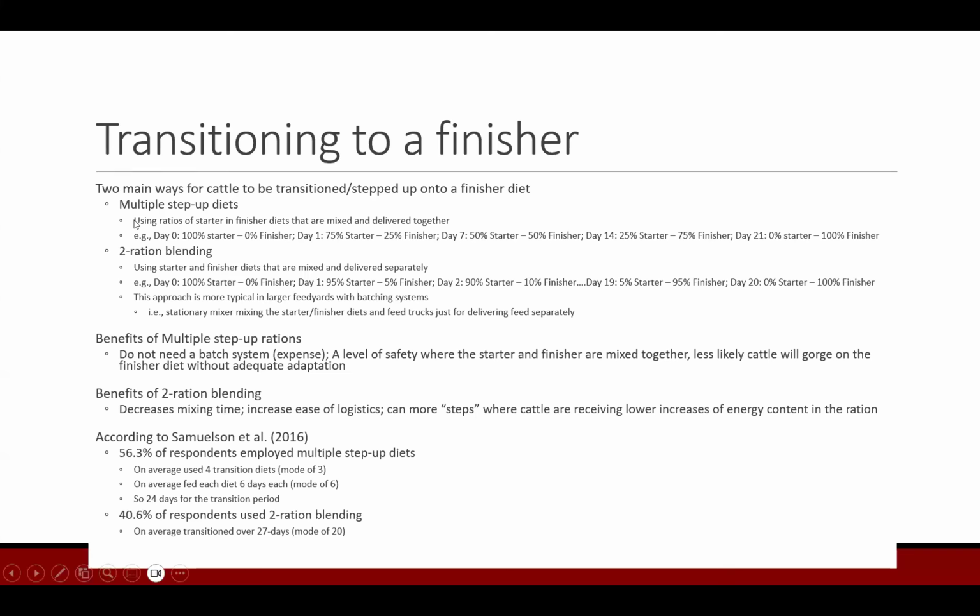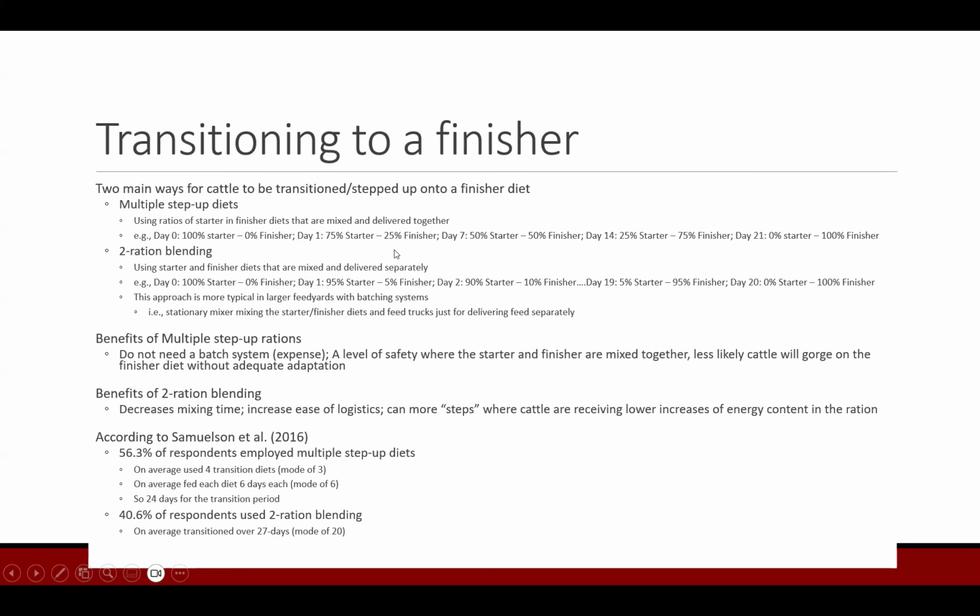All right. So there are two main ways that we can transition cattle, or step them up, onto a finisher. First, there's what's called multiple step-up diets. Here we change the ratios of starter diet to finisher diet. The key distinction is that these are mixed and delivered together. For example, day 0, they're fed 100% starter and 0% finisher.